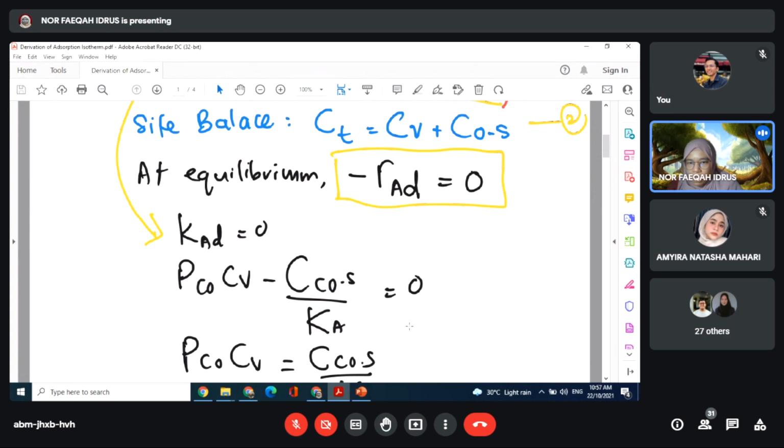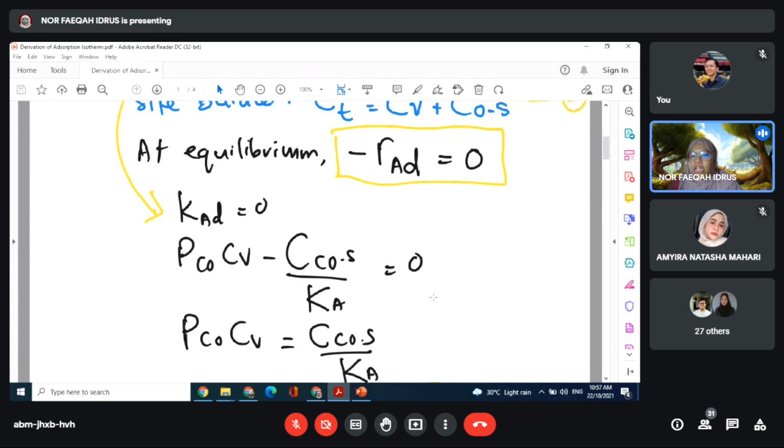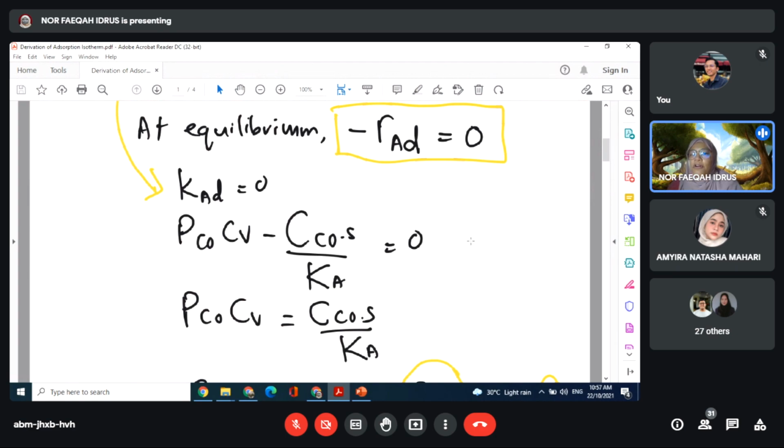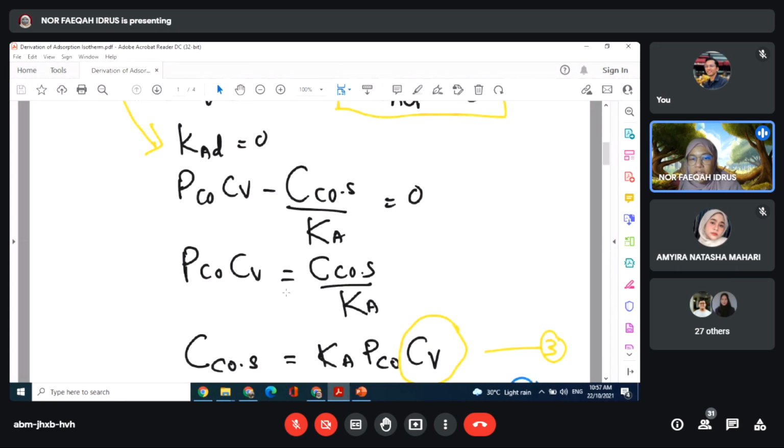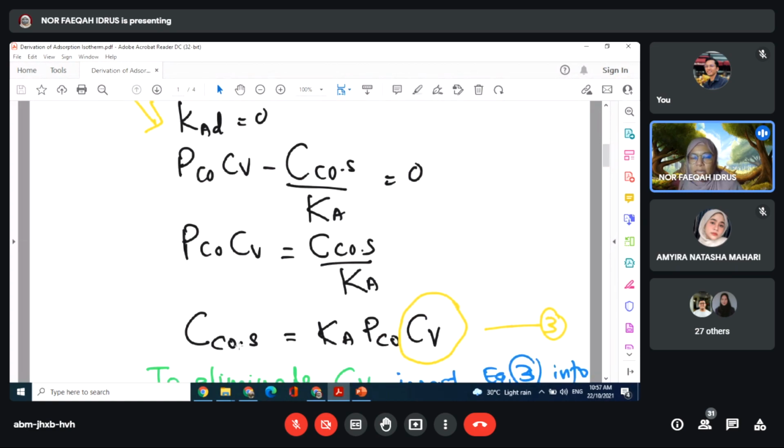When this term equals 0, just rearrange for the adsorbed species. So we get CO.S equal to Ka PCO CV.